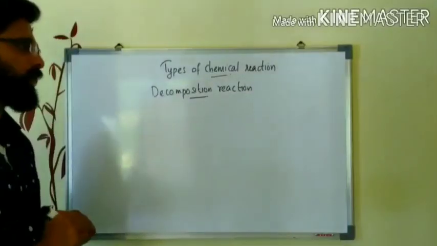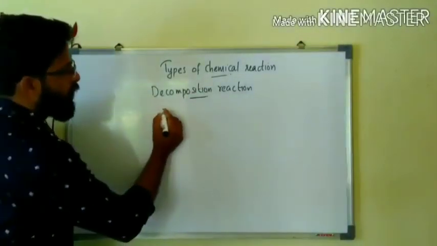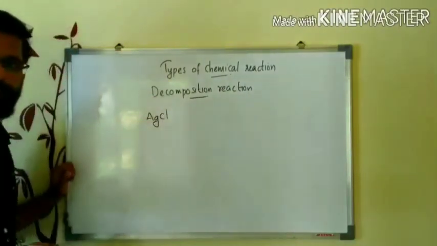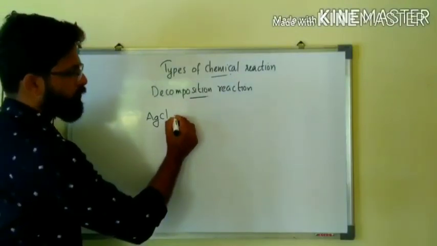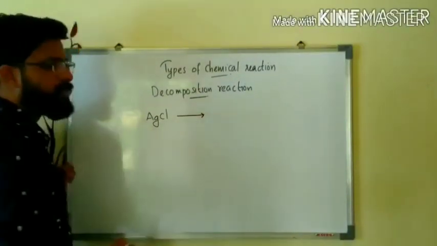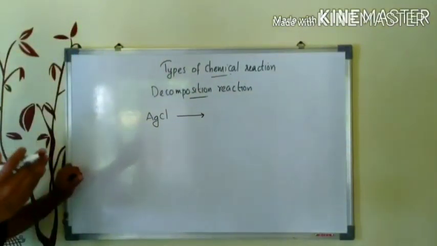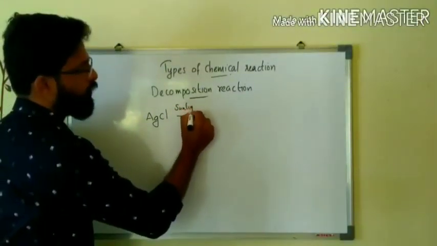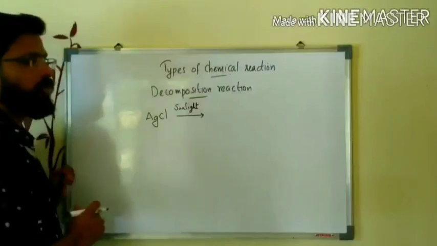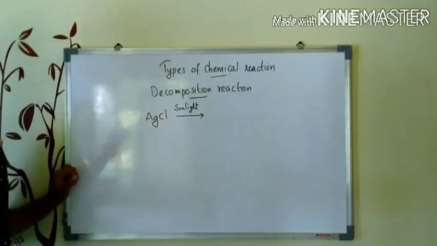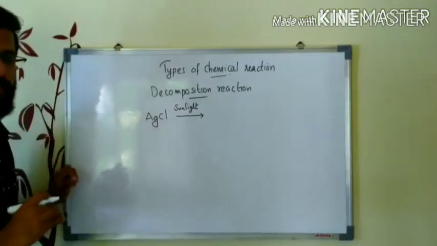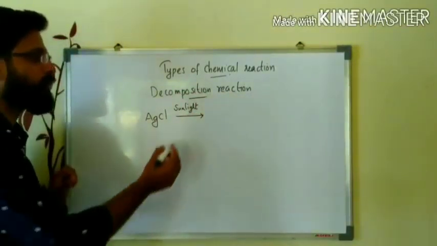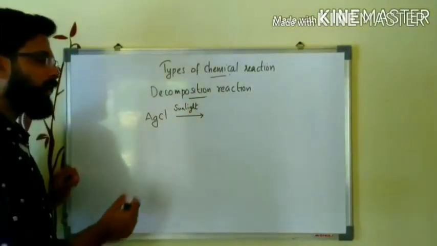Okay, one more example: silver chloride, AgCl. It's a white substance. In the presence of sunlight, the color of silver chloride changes to grey. The white substance changes to grey in the presence of sunlight.